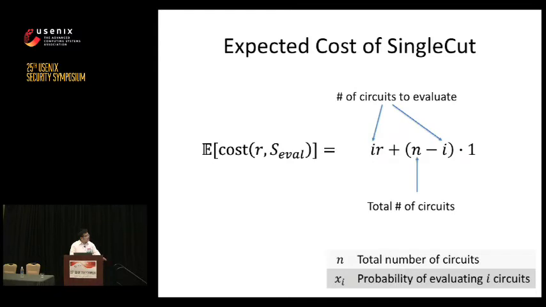We use xi to denote the probability that exactly i circuits are selected for evaluation. Then the expected overall cost is simply a weighted sum for i ranging from 0 to n. This is the formulation of the expected cost.